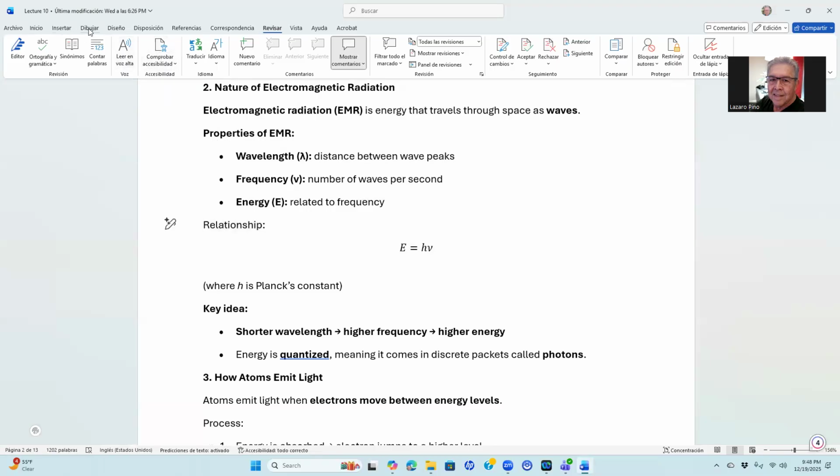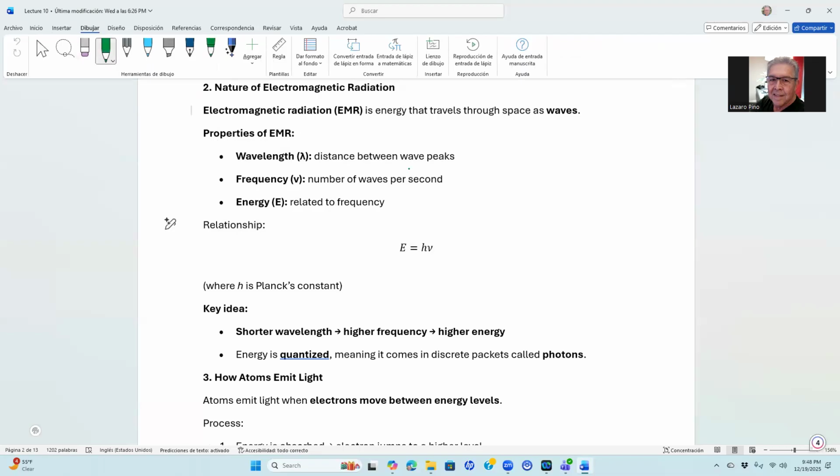If you observe a wave, the light is an electromagnetic wave, so the distance between two peaks is what we call lambda. That is the wavelength.